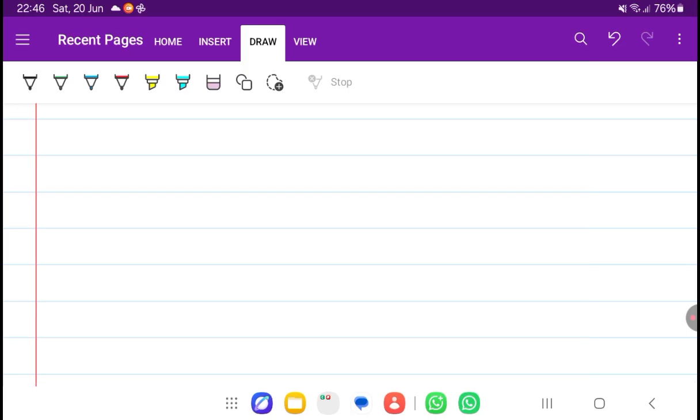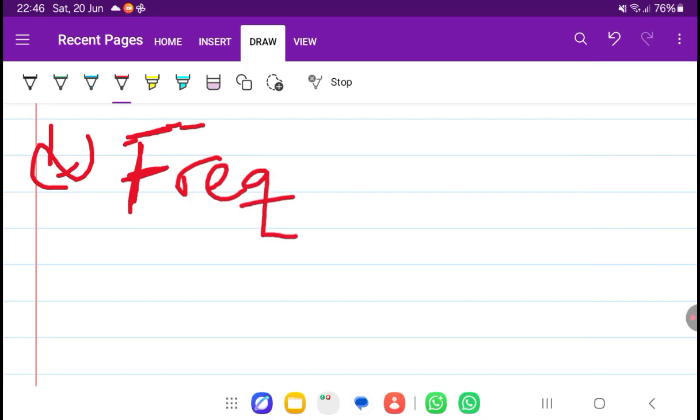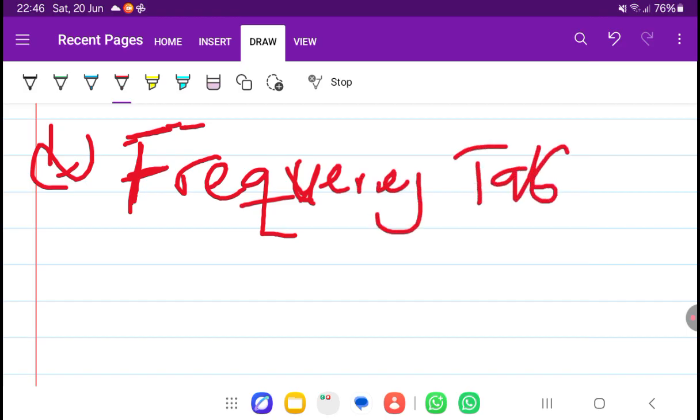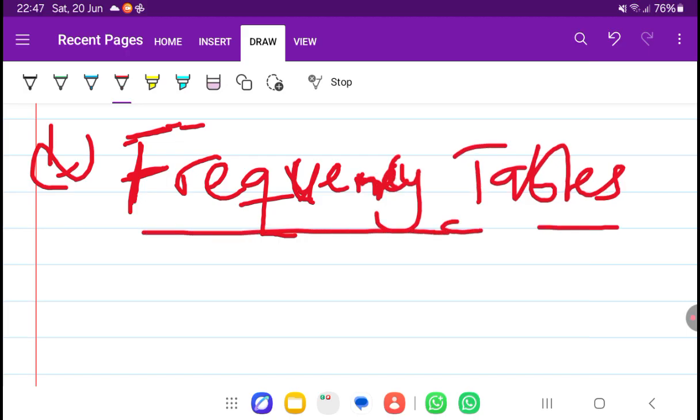The second type, part B, we have what we call the frequency tables. Of course, this is the main table that we use.